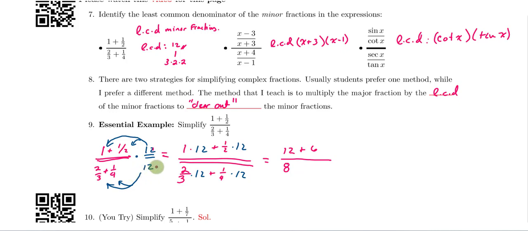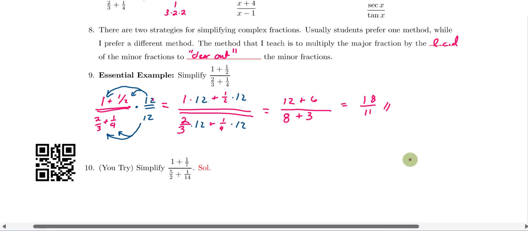So likewise, when I take this 12 and multiply it by 1/4, well, 12 has a 4 factor in it, and so the factor of 4 in the denominator of this minor fraction will cancel with this factor of 4 in the LCD that I'm multiplying it by, leaving me with just the factor of 3 that's in this expression. So I get 1 times 3, or 3, and we can now clean this up as 18 over 11. We check to see if that simplifies further, and it does not.